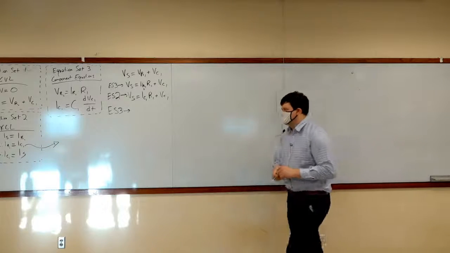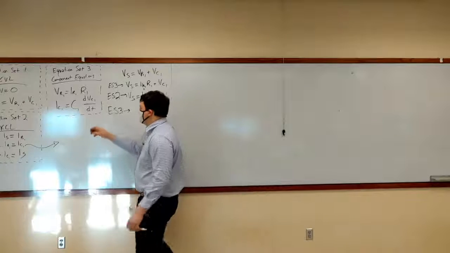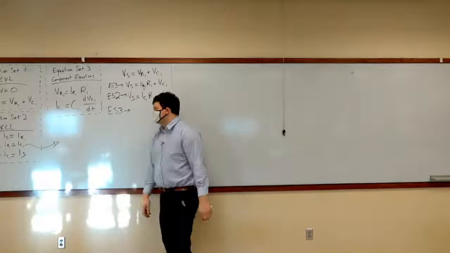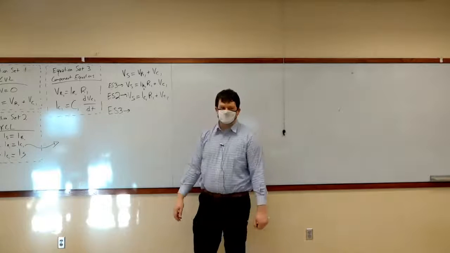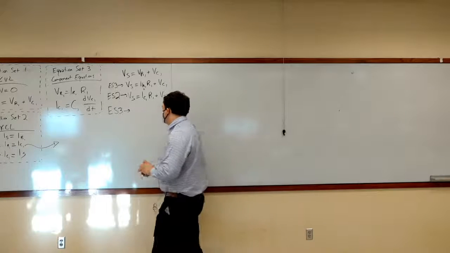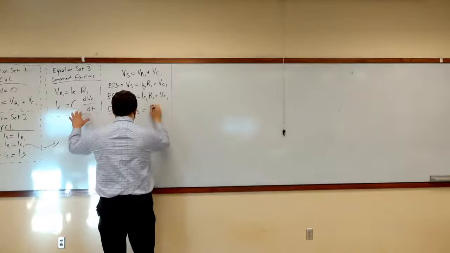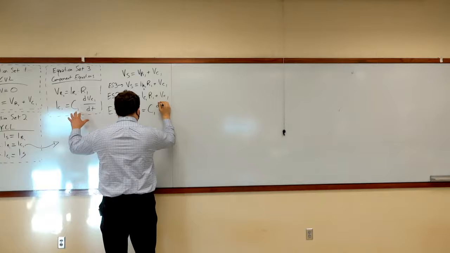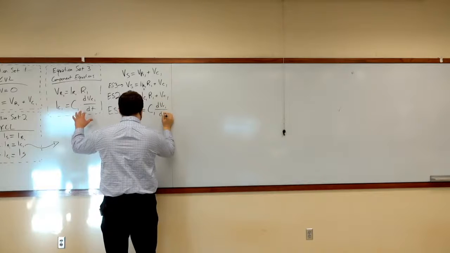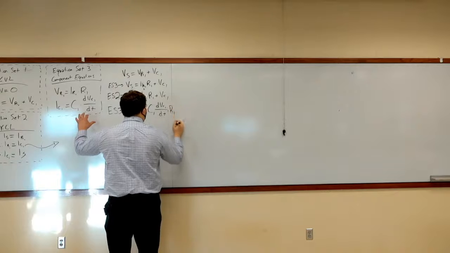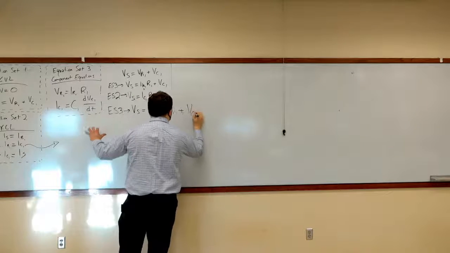And when I use equation set number 3, I'm going to replace IC1 with IC equals C dVc/dt. So Vs is equal to C1 dVc1/dt times R1 plus Vc1.